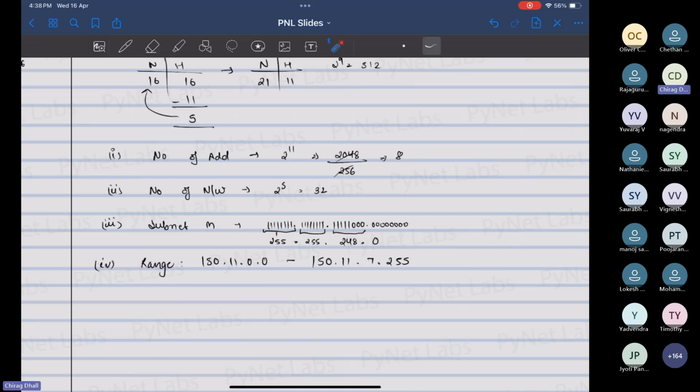So we divide it, we got the value 8. That means 8 times 256 addresses makes it 2048 addresses. So now I can get the calculations done directly here.